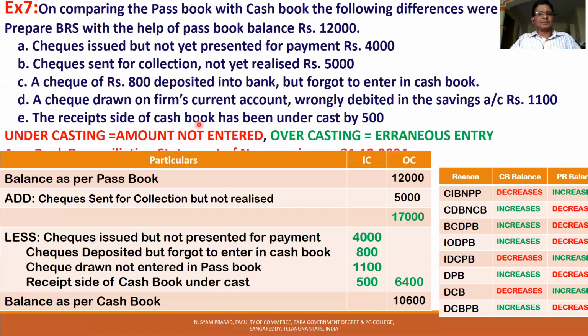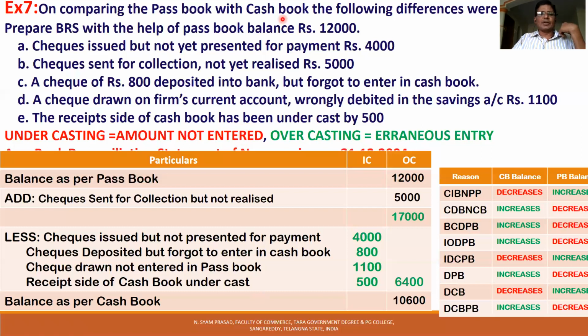Receipt side of the cash book, under cash, 800. Under cash means that amount was not entered. Receipt side means debit side of the cash book. If anything is written, the cash book increases, but it was not written. So if 500 under cash is not entered, the cash book decreases instead of increasing. Whenever the cash book decreases, the passbook increases.